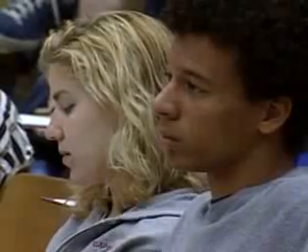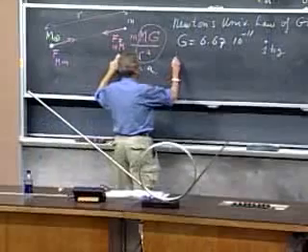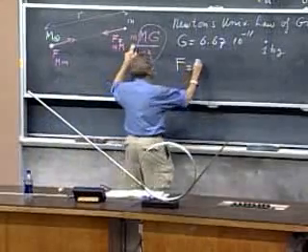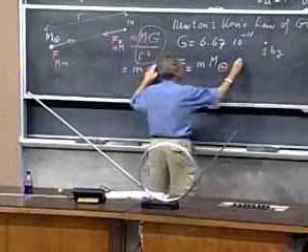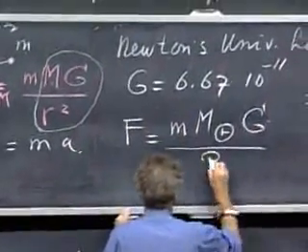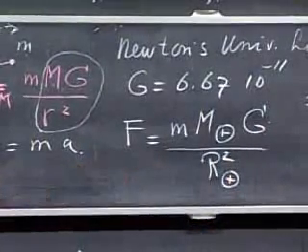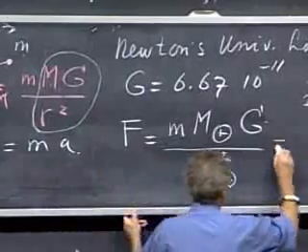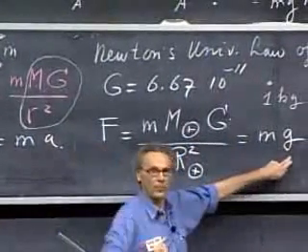If you are standing near the surface of the Earth, then of course the force that I will experience is my mass times the mass of the Earth times the gravitational constant divided by the radius of the Earth squared, just like we have here. And so this must be mg. That's the gravitational acceleration if we drop an object here.